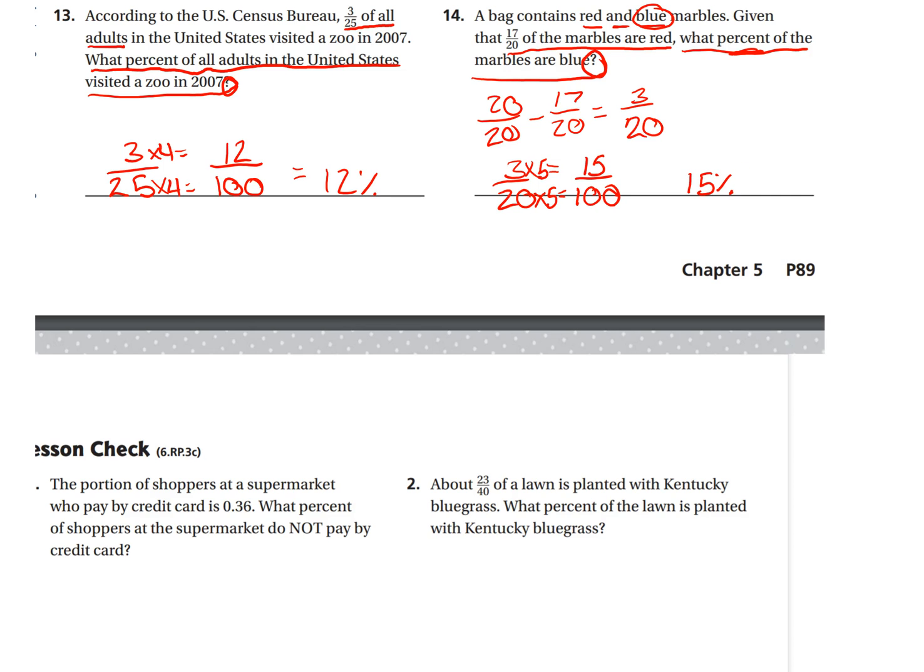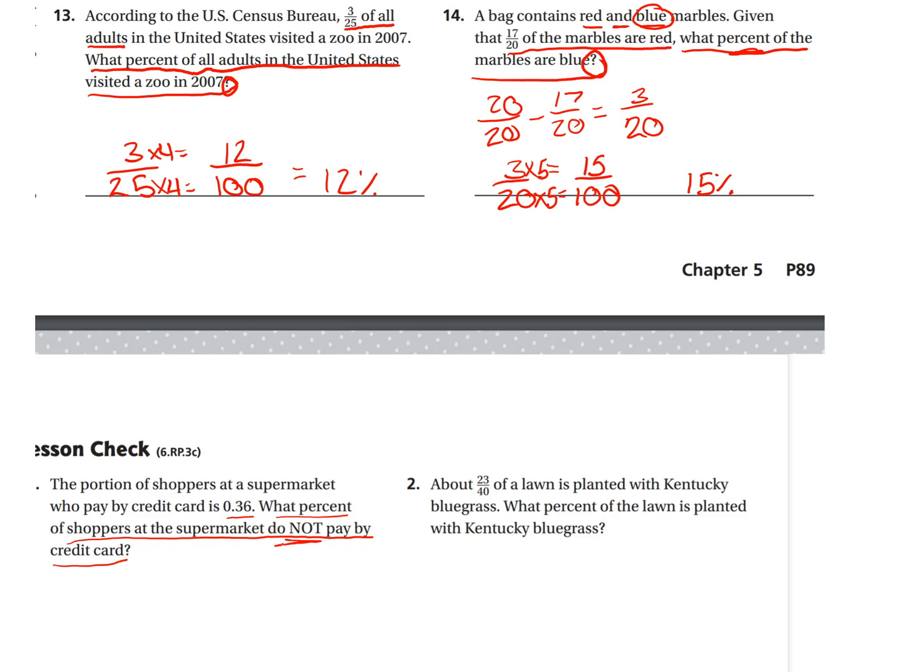Okay. Number 1 now on P90. So I'm on the back side of the homework. The portion of shoppers at a supermarket who pay by credit card is 0.36. What percent of shoppers at the supermarket do not pay by credit card? Do not.